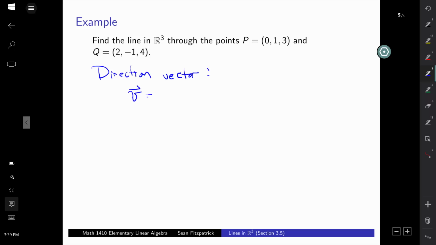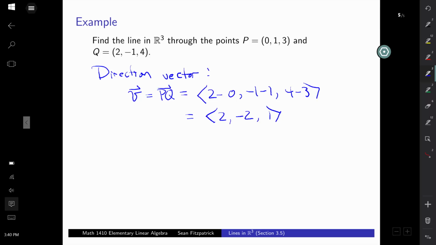Our direction vector is this vector from P to Q. And remember, when we calculate the vector from P to Q, we do tip minus tail. So we do 2 minus 0, minus 1 minus 1, 4 minus 3. That gives me the vector 2, minus 2, and 1.